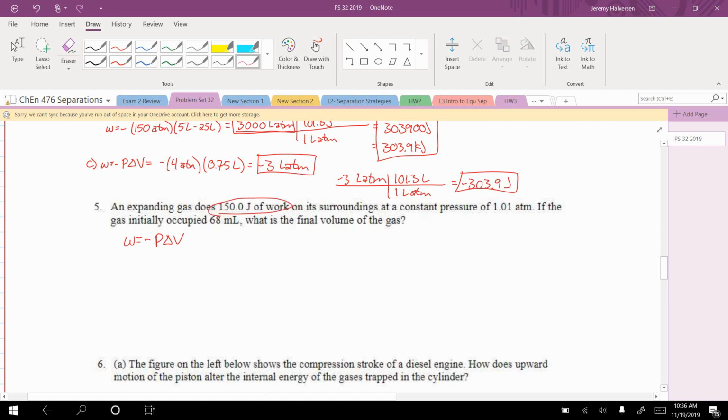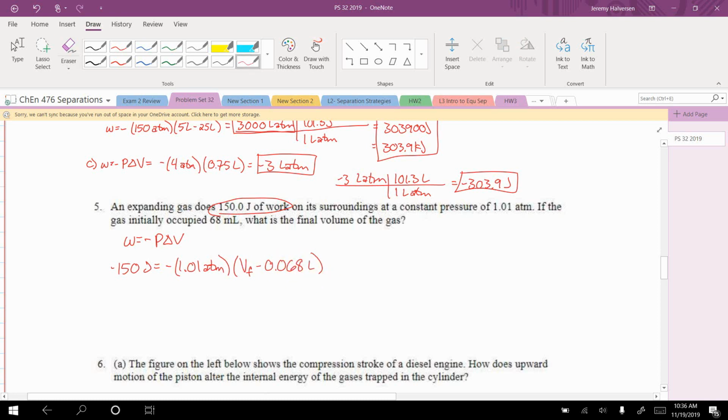And the gas does the work, so what should the sign on that be? It should be negative. Negative 150 joules equals negative pressure, 1.01 atmospheres, times the final volume minus the initial, 0.068.